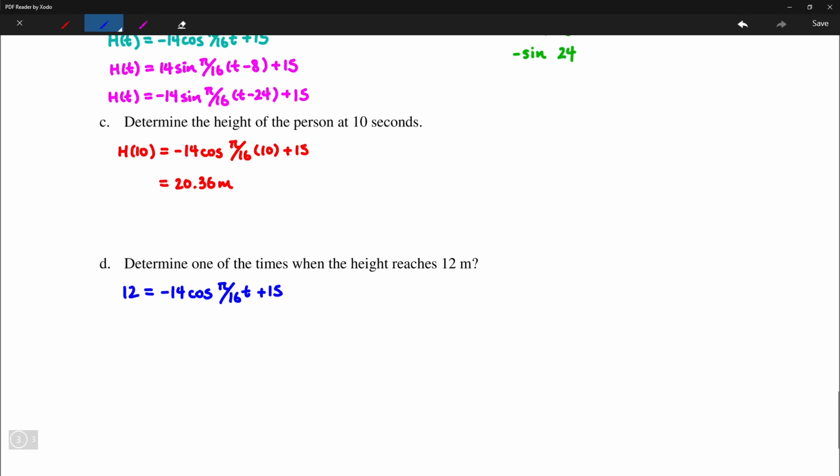Subtract 15 from both sides, so the left-hand side we have negative 3. So negative 3 is equal to negative 14 cosine pi over 16t. Next step, of course, is to divide both sides by negative 14.